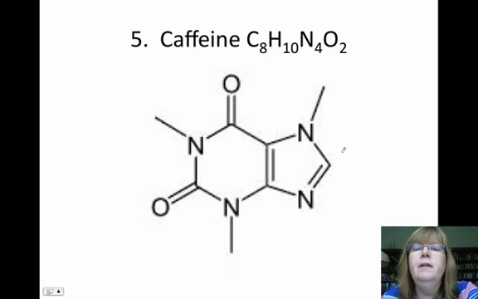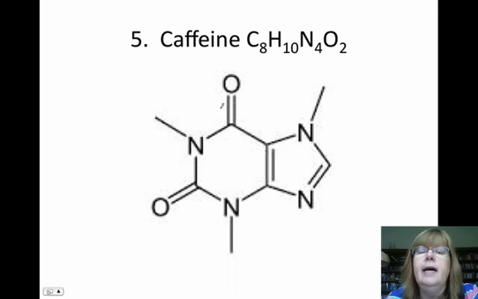Number 5, good old caffeine. C8H10N4O2, so it has 8 carbons, 10 hydrogens, 4 nitrogens, and 2 oxygens. Notice that the subscript after the element symbol is how many of that element there are. And then here's how they're all connected in caffeine.